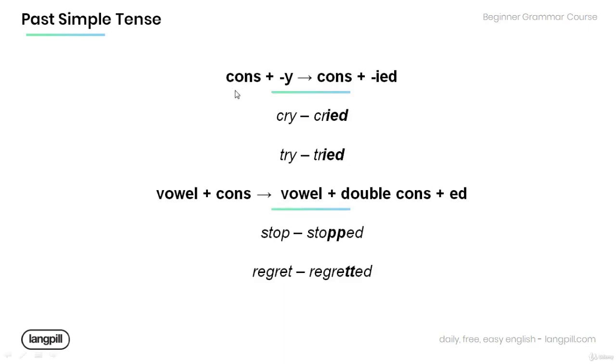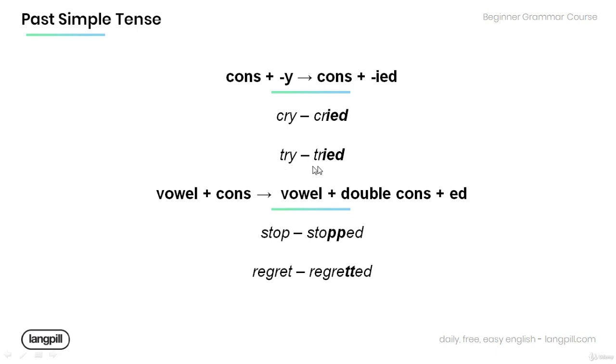Now when a word ends with a consonant plus y, we keep the consonant and turn the y into IED when we want to create the past simple. Have a look at the following words. Cry, cried.